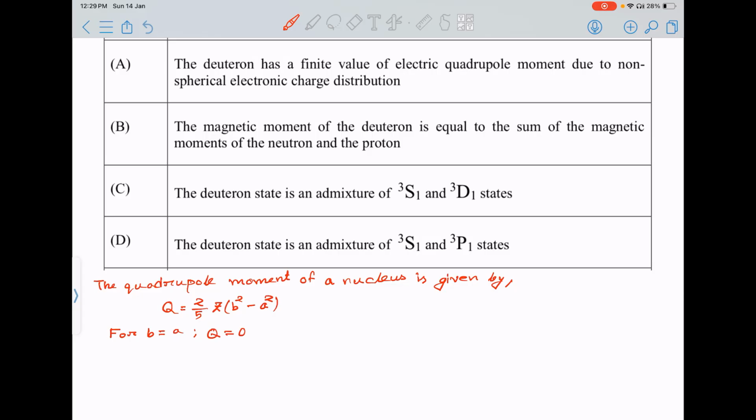Okay. And for B not equal to A, Q would have a finite, non-zero value. So the first case is for the spherical nucleus and the second one is for the non-spherical case.